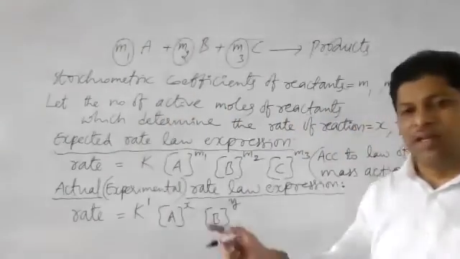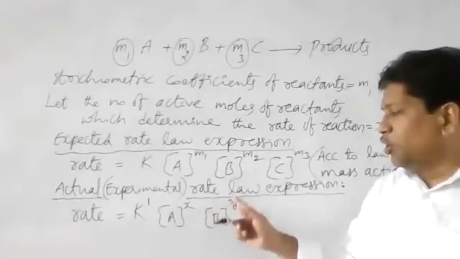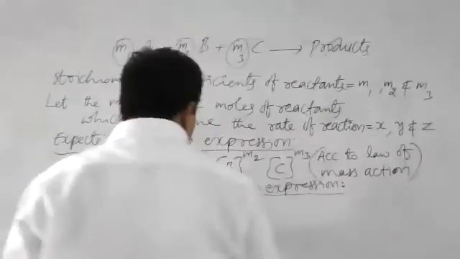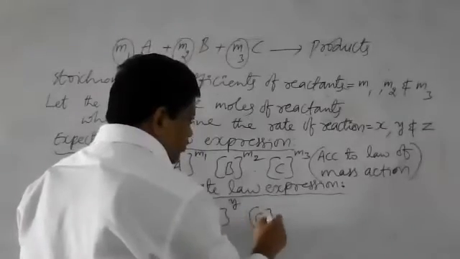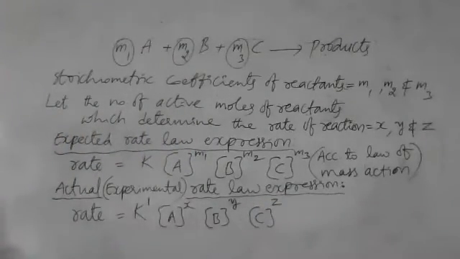That's why rate is equal to K dash into A to the power of X, B to the power of Y, into C to the power of Z. It is the experimentally or actually observed rate law expression.